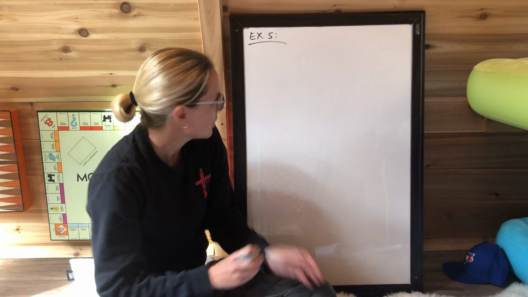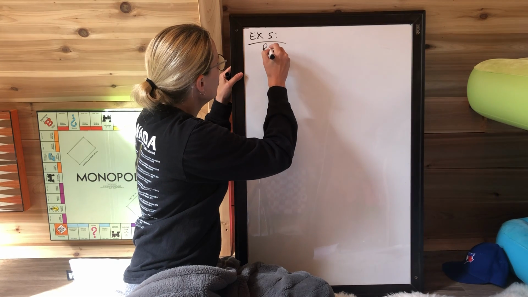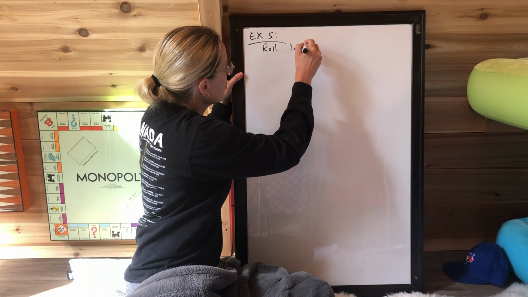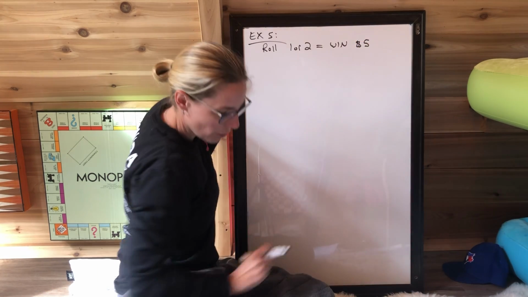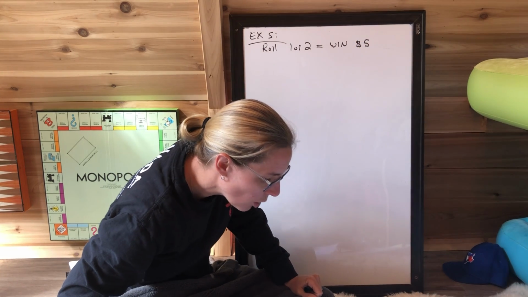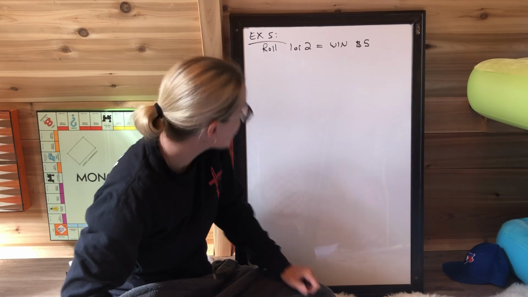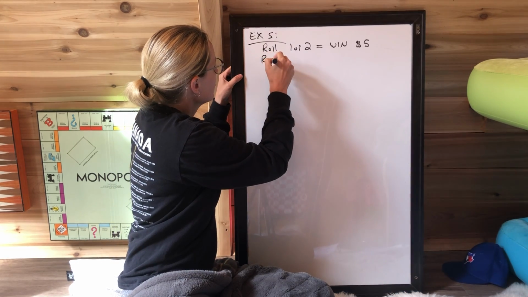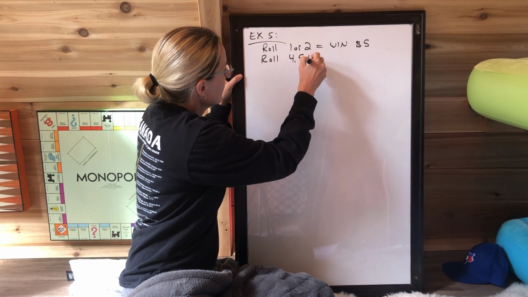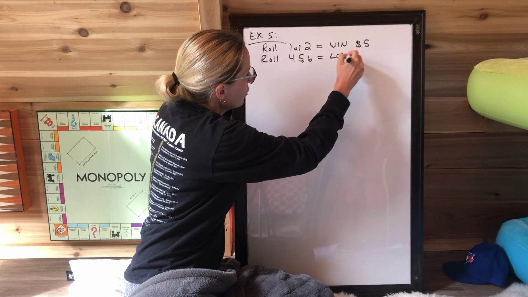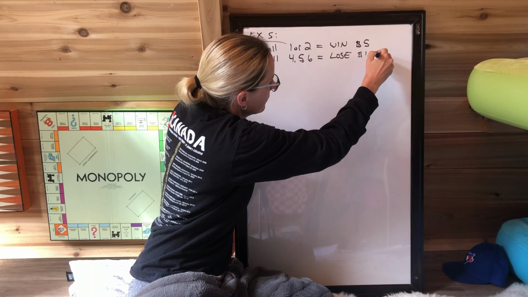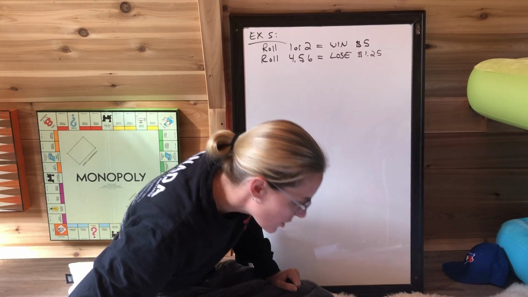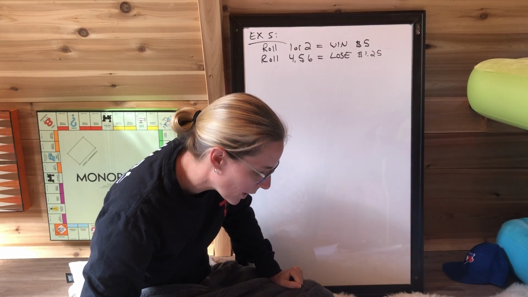Okay, so roll 1 or 2 equals win $5. Great. If you roll a 4, 5, or a 6, you lose $1.25. Okay? Determine the probability distribution for the winnings.